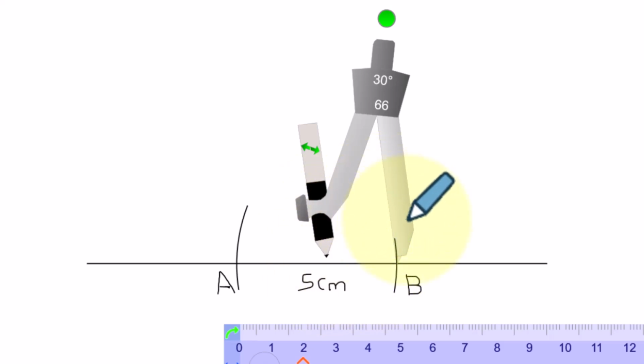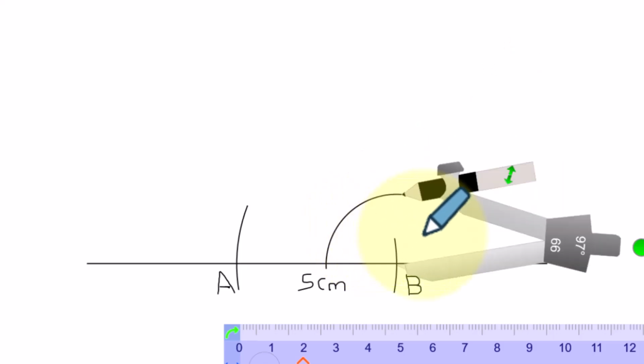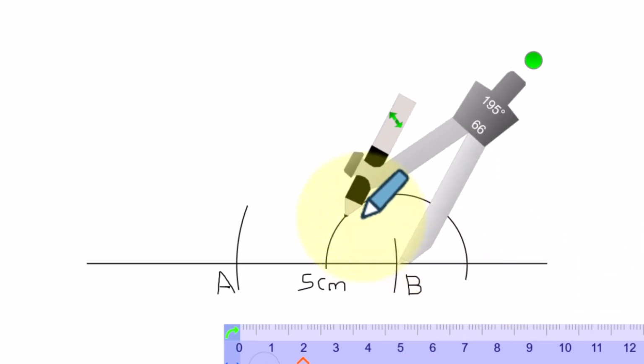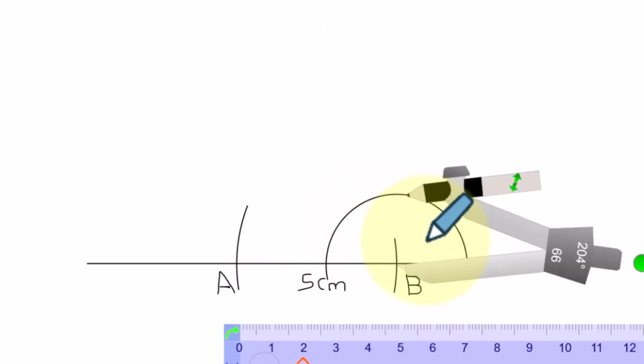First thing to do to construct any angle, do your 180. How do you do 180? Drop the pin on the letter, on this point where they say you should do your angle. Then do something like this, 180. This is 180 degrees. Very, very important in all construction work, especially now that we are still very young.